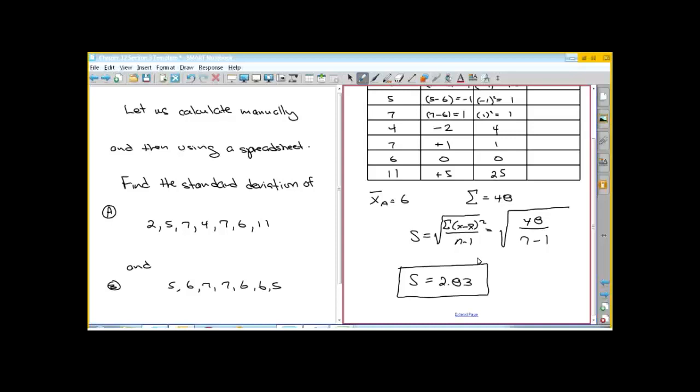a certain percentage of most data is between plus or minus 1 standard deviation. So in this case, 1 standard deviation is 2.83. So most of these values should be within plus or minus approximately 3. And you can see that if we look at the deviations, most of them are between plus or minus 3.